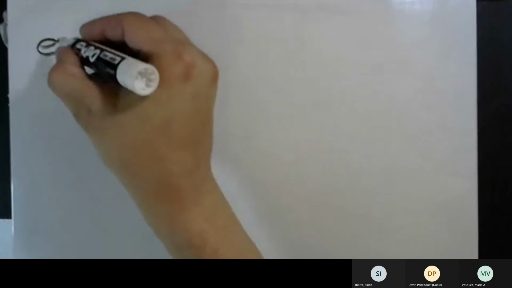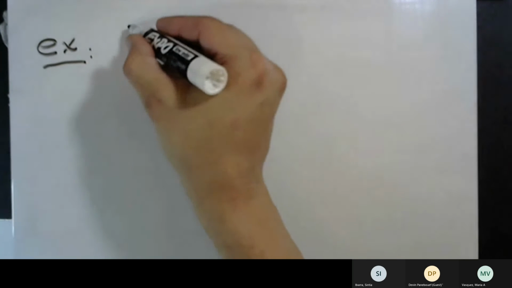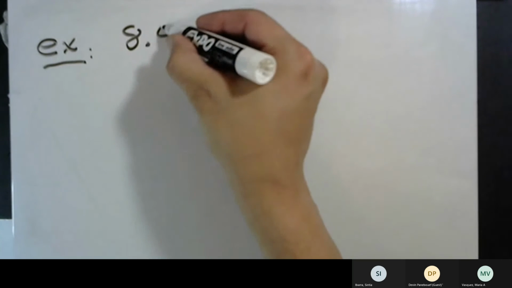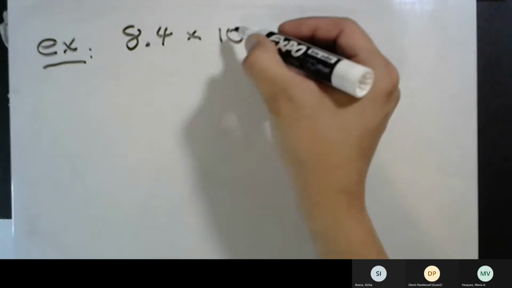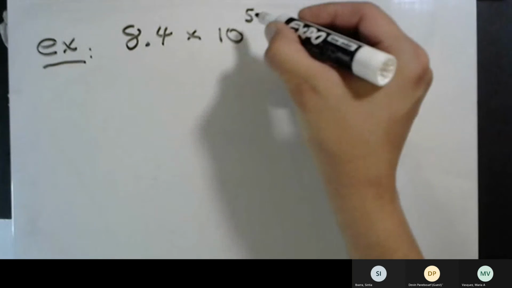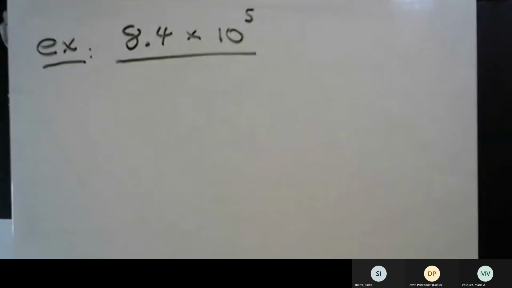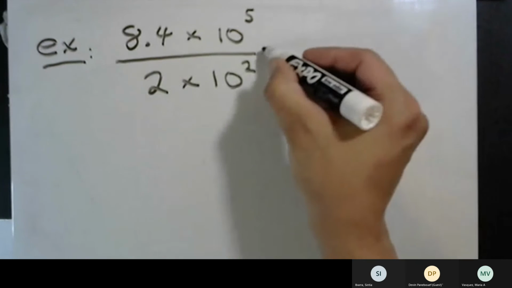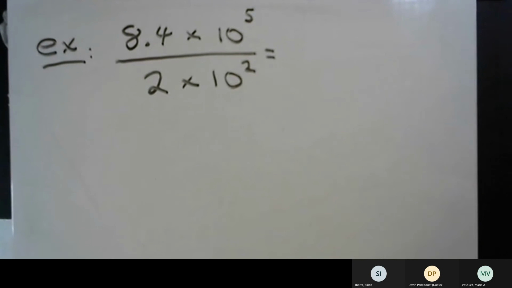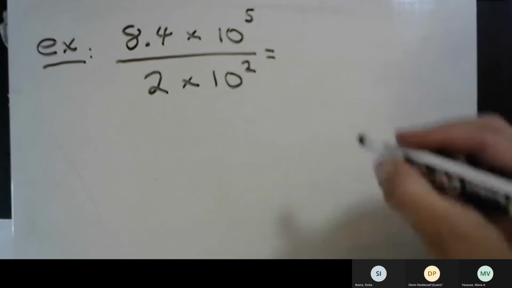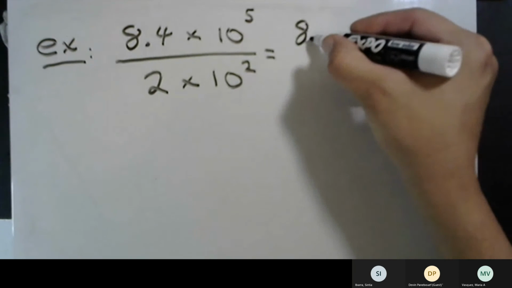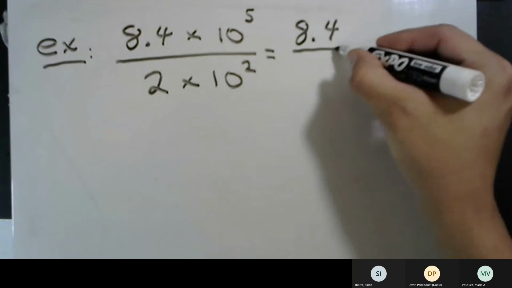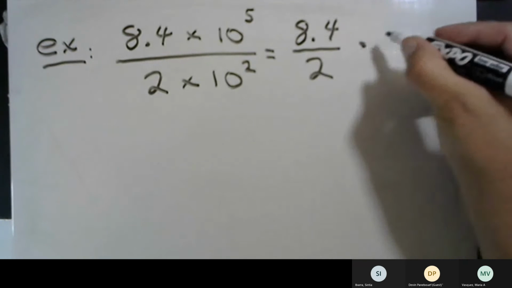So the last thing to mention was scientific notation. We could have division. Now, again, what we're going to do, we're going to break it up into fractions based on whether it's a power of 10 or if it's not.